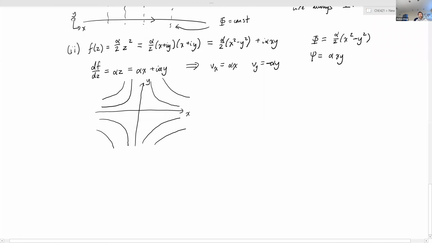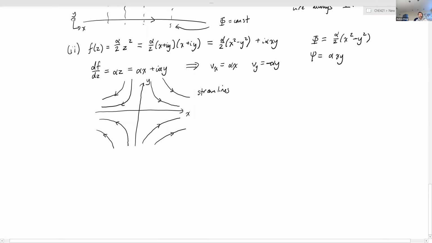Okay. And if alpha happens to be positive, then you get something that looks like this. Right? These are the streamlines.